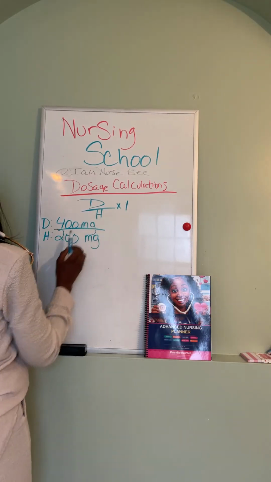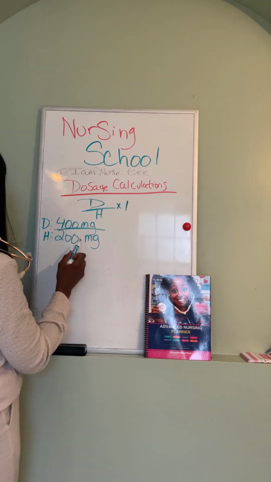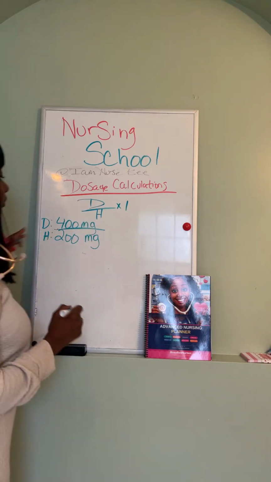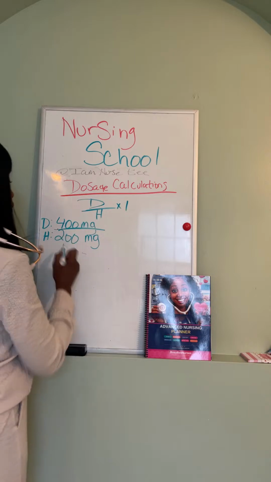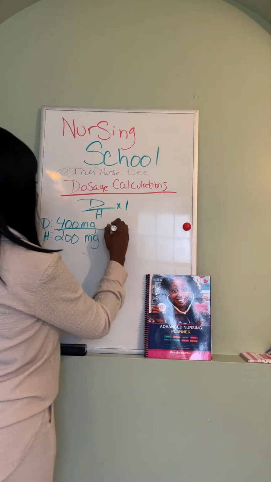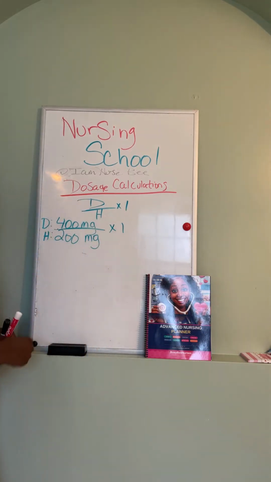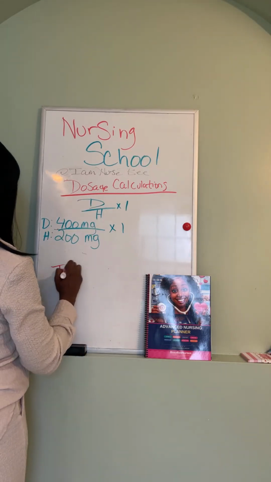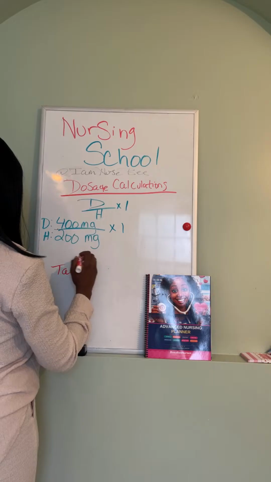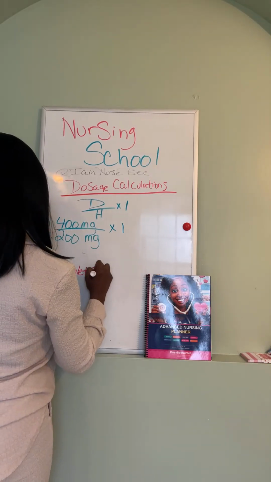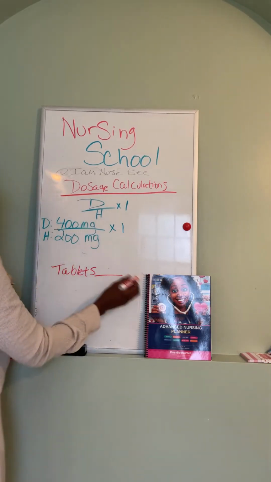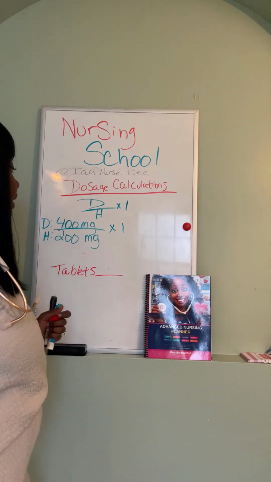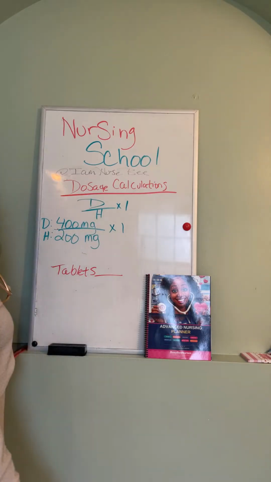So the doctor is asking for 400 of the medication. We only have 200. If you can put in the chat what you think, how many tablets will be needed?